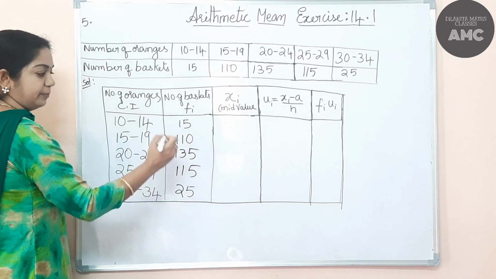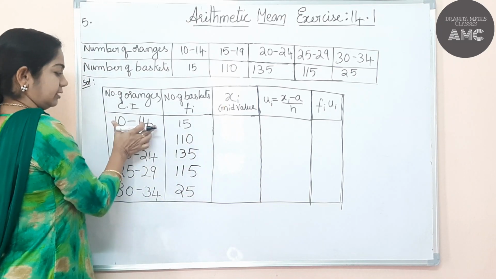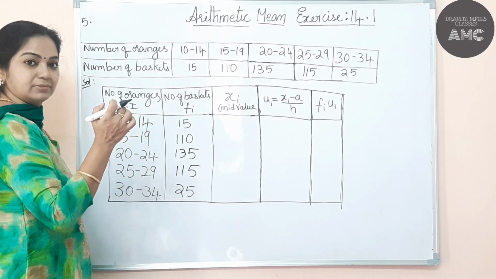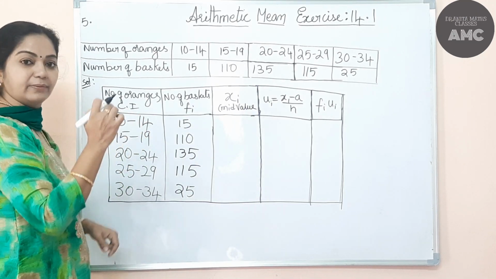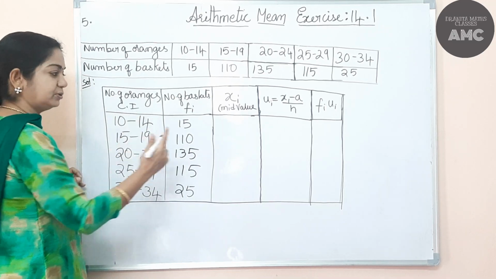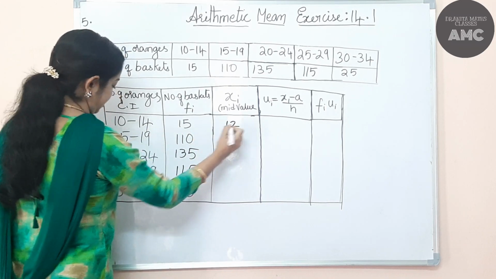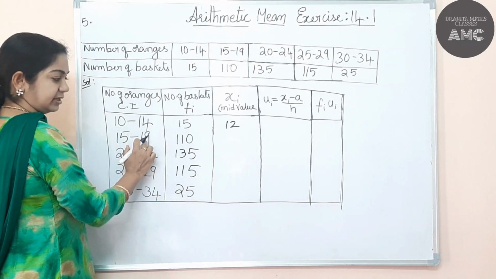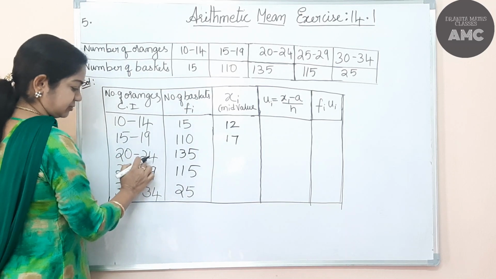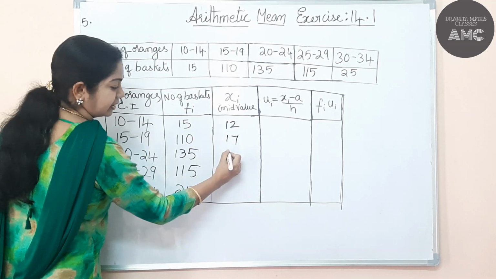Now we find the mid values. Mid value is the total of the upper limit and the lower limit, you add the total and divide by 2. So 10 plus 14 is 24, by 2 is 12, and 15 plus 19, that is 34, by 2 is 17. Here 20 plus 24, 44 by 2 is 22.